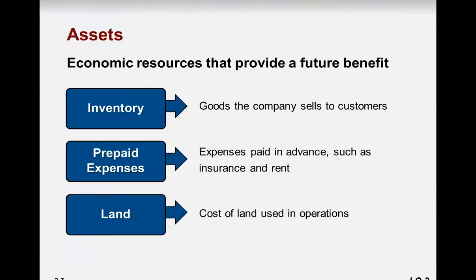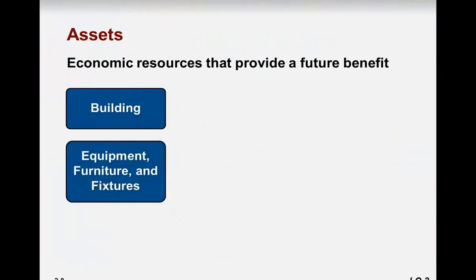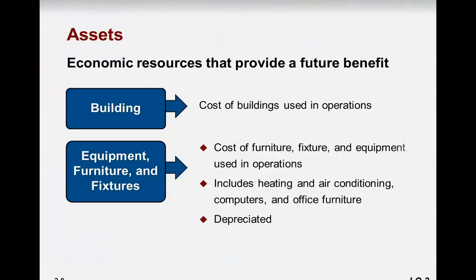Land is, of course, actual property that I have purchased for use of the business. The building is where I'm running my business, the cost of that building, and of course, equipment, furniture, and fixtures.